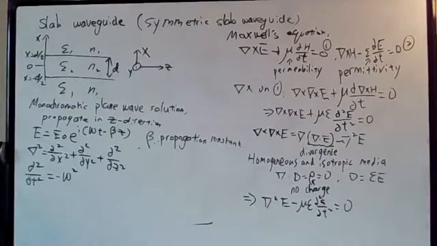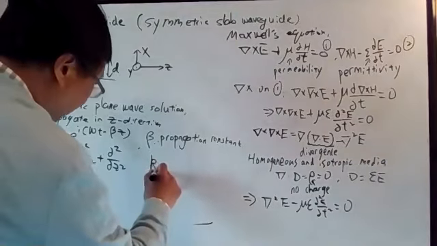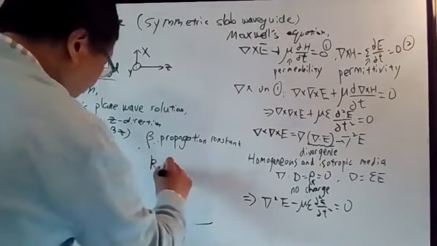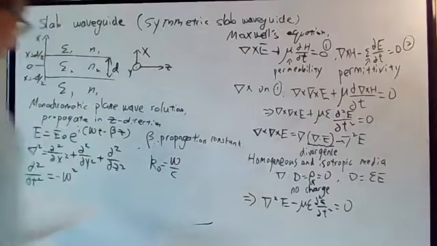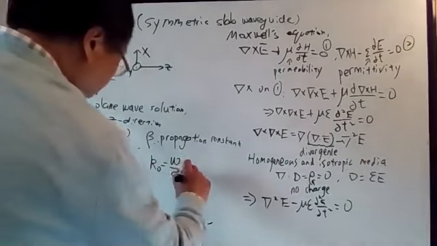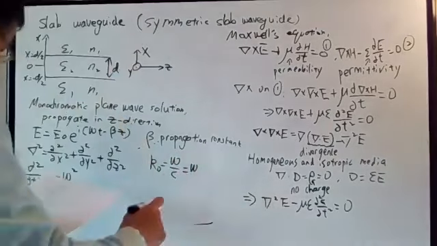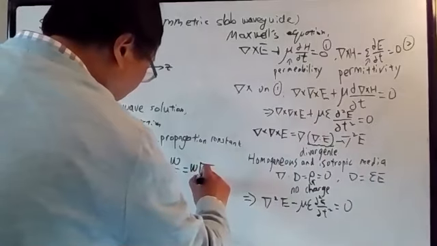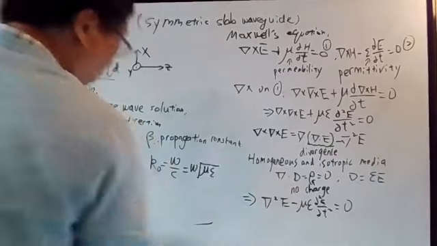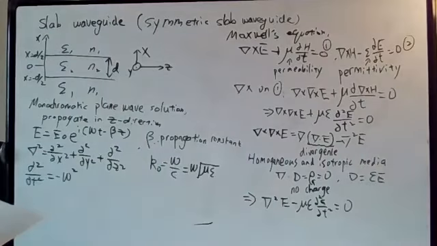Okay, and then this k naught. k naught is omega over c, where c is defined as the square root of 1 over epsilon mu, right?